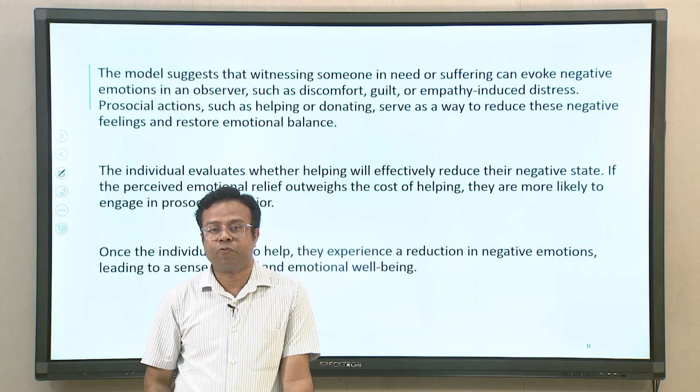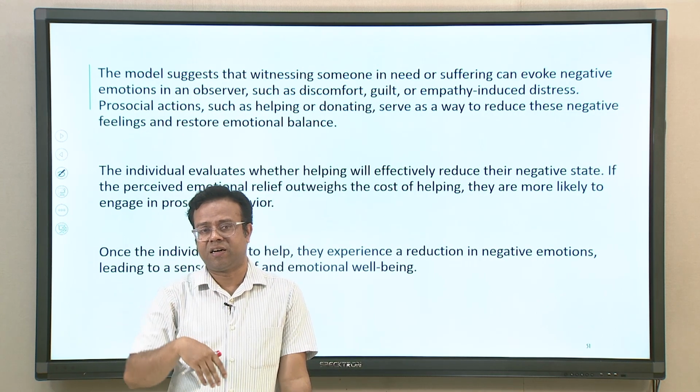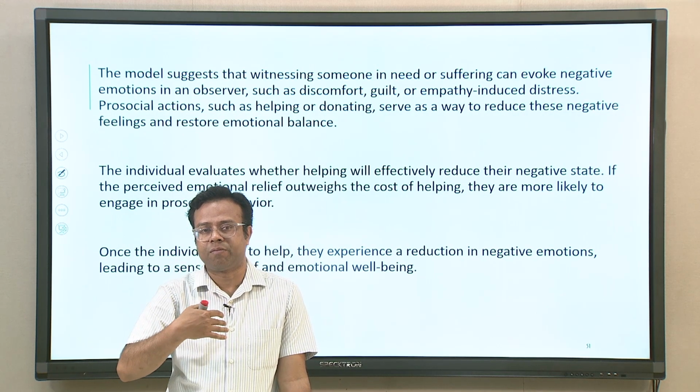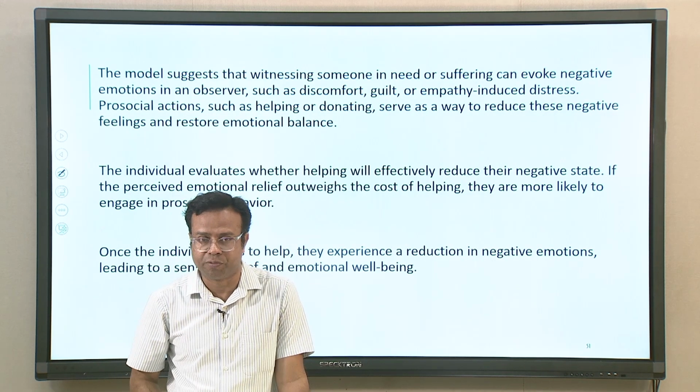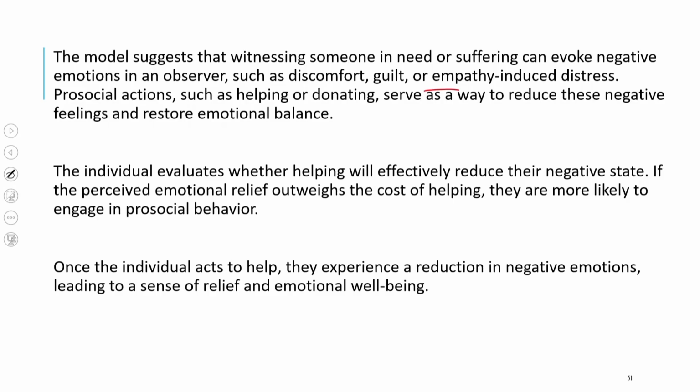So, this model suggests that witnessing someone in need or suffering can evoke negative emotions. Many times when we feel someone is suffering or in a negative state, it kind of mirrors those negative emotions in the person observing. So, a person may feel discomfort, guilt, or empathy-induced distress when they observe someone else in distress. Prosocial actions such as helping or donating serve as a way to reduce this negative feeling and restore emotional balance.